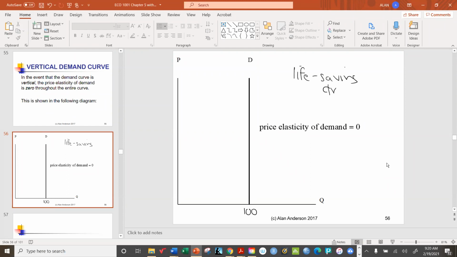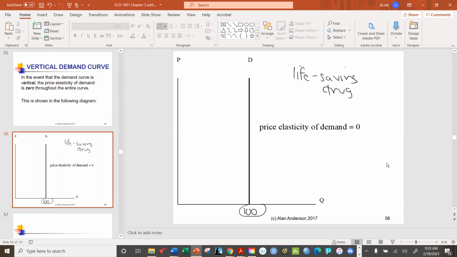And you can see why. You're not going to buy more of this drug because the price goes down, because you don't need it. Let's say that this is a drug, you need a certain amount and that's it. More doesn't help you, less means you don't live. So if the price goes down, you will not buy more. If the price goes up, you can't buy less because then you won't be alive.